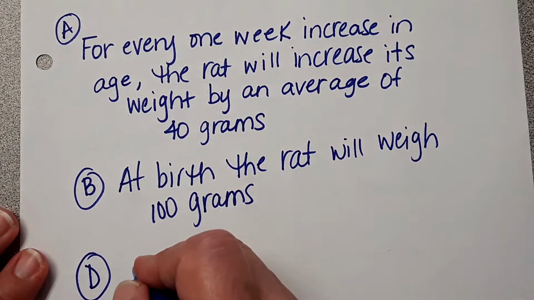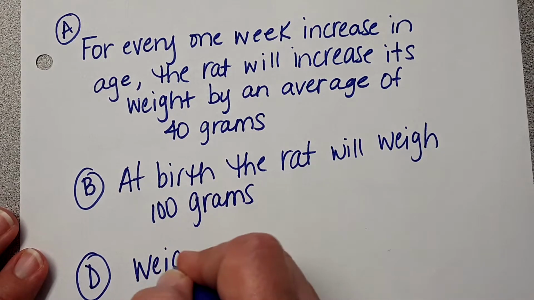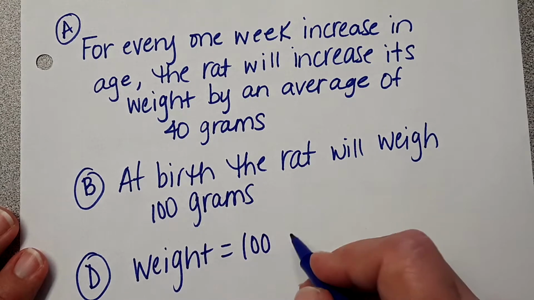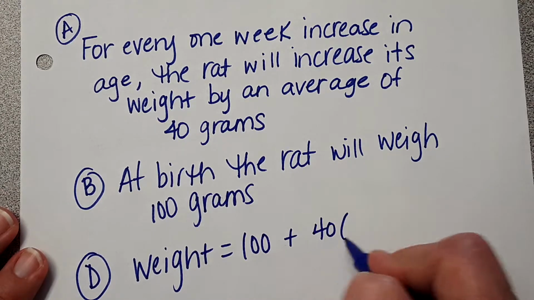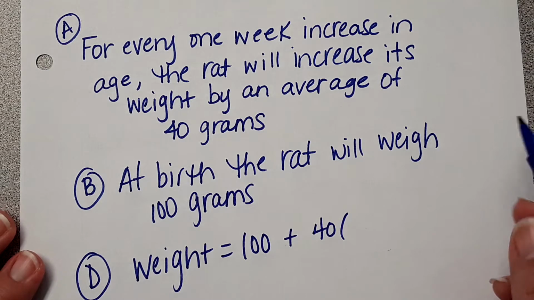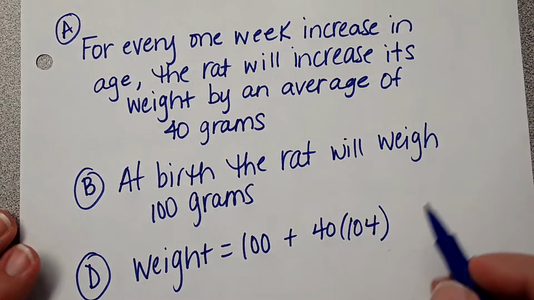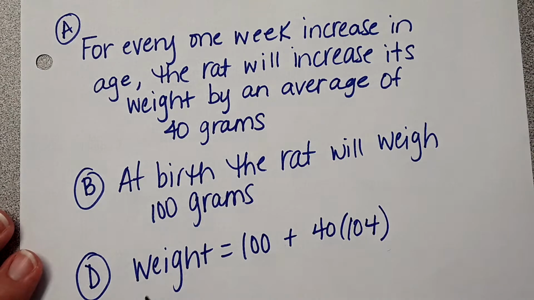So we know that its weight equals 100 plus 40 times, and how many weeks are in 2 years? 104, right? I knew that. I was just testing you guys. So how much does this rat weigh after 2 years?